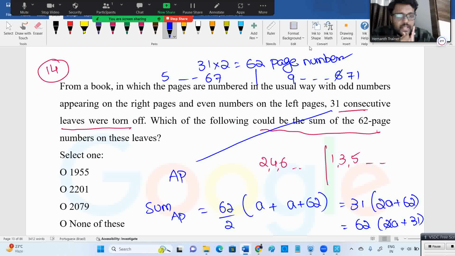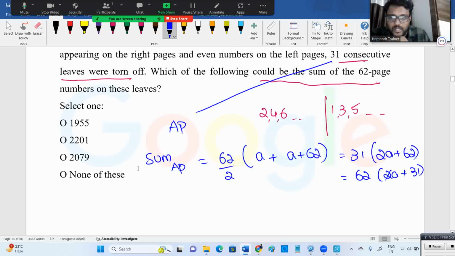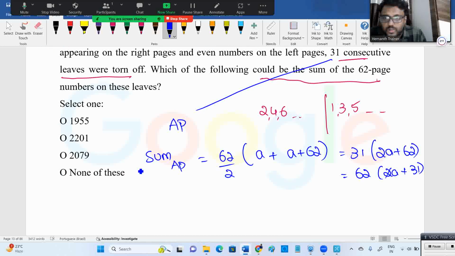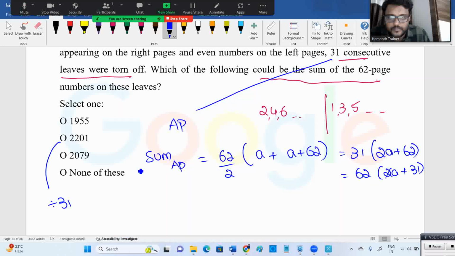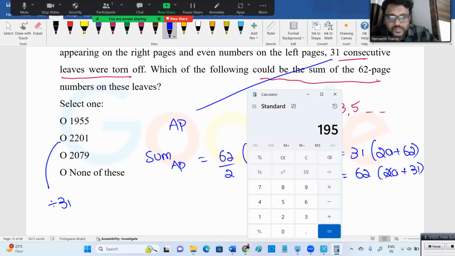So how many leaves? The sum of the 62 page numbers on these leaves. So we have 62 terms for sure. So n by 2, number of terms divided by 2, into first term plus last term. So I need my answer to be divisible by 31. Is 2201 divisible by 31 or not? Because for my options, first of all, it should be divisible by 31.